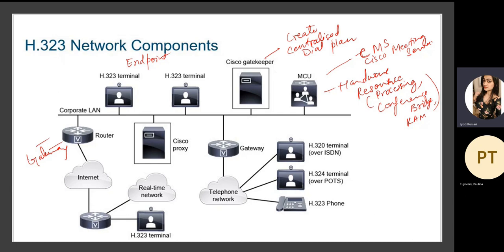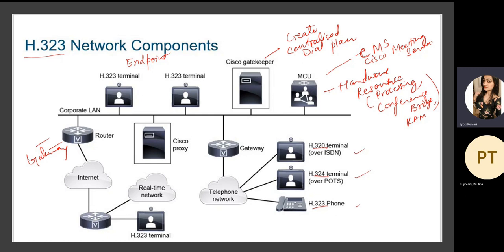Then we have router as the gateway. We can use Cisco proxy as we discussed about the proxy server. We have gateways and some endpoint devices like H320 terminal, H324 terminal, H323 phone. So basically, H323 itself is not a protocol, like SIP is a protocol.